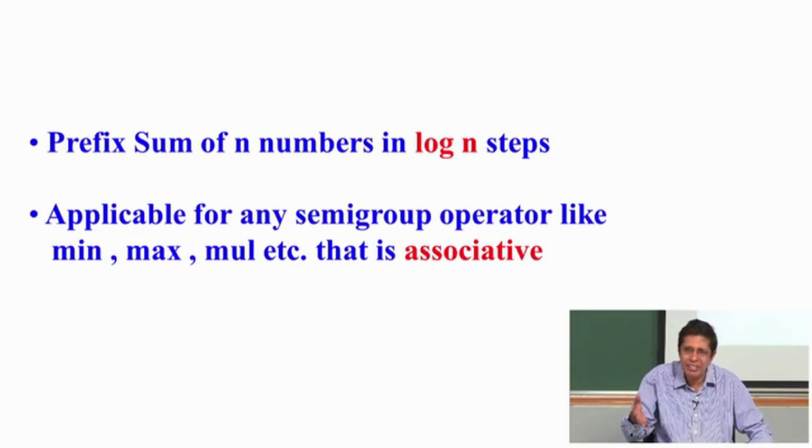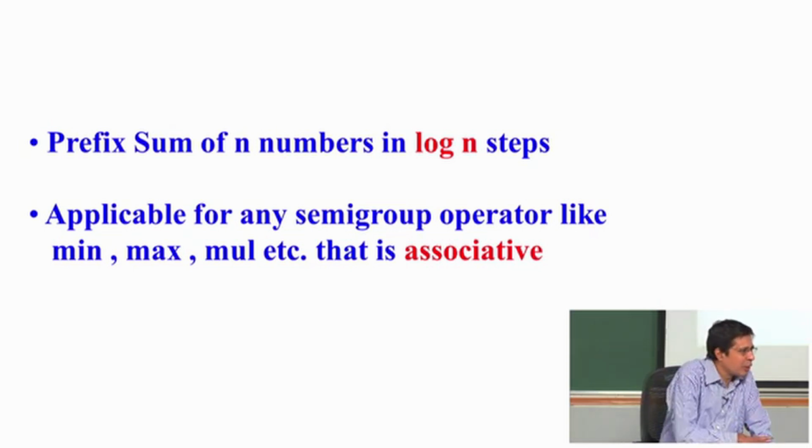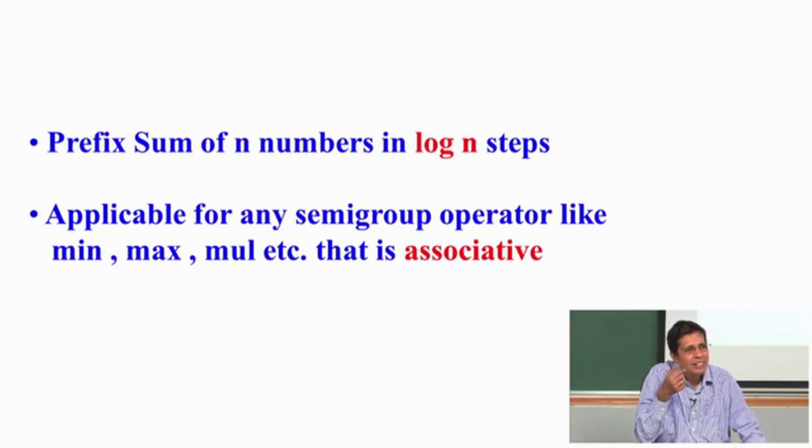If it is not associative, then a plus b plus c is not equal to a plus b plus c, meaning plus is a non-associative operator. I can do this for any associative operator. Please note that this algorithm will not work if the operation that I am defining is not associative. Correct? You got this?